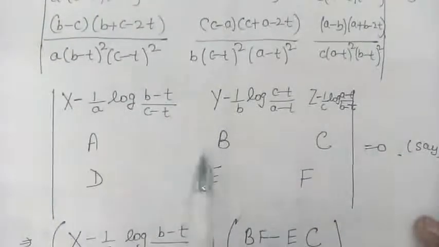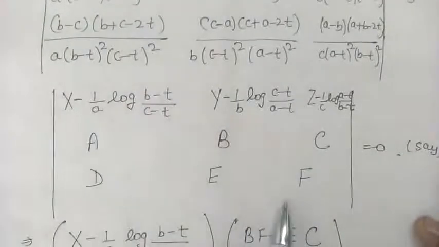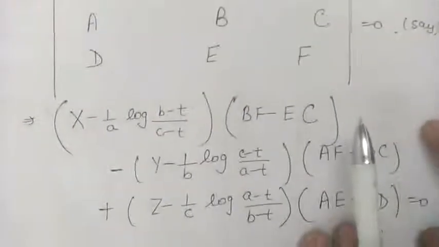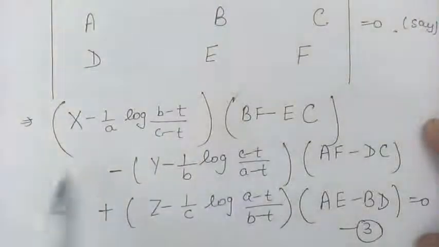In the second row we have A, B, C, in the third row we have D, E, F, and this is equal to 0. Now expanding this determinant by the first row, we get this kind of equation.